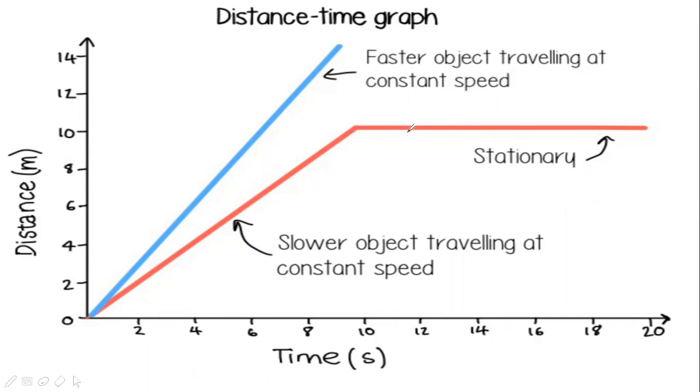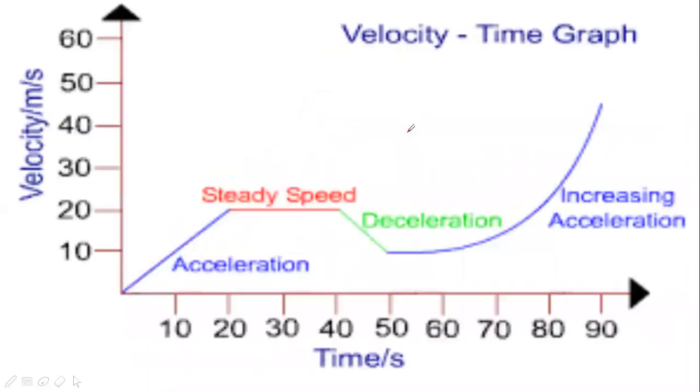The slower object traveling at constant speed is the red line, which starts from O. Faster object traveling at constant speed, different speed. The bluish line represents acceleration and constant speed. Steady speed is the red line, the greenish line is deceleration, and again the bluish line is increasing acceleration.